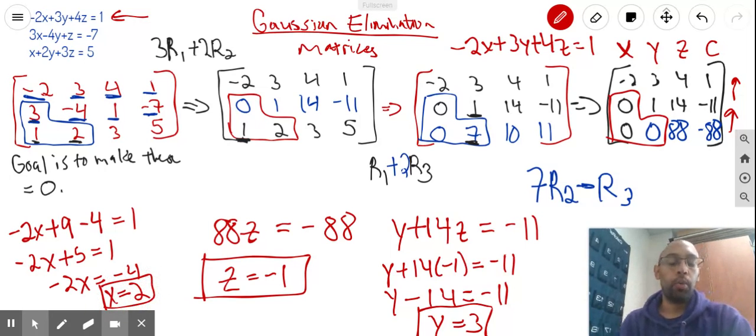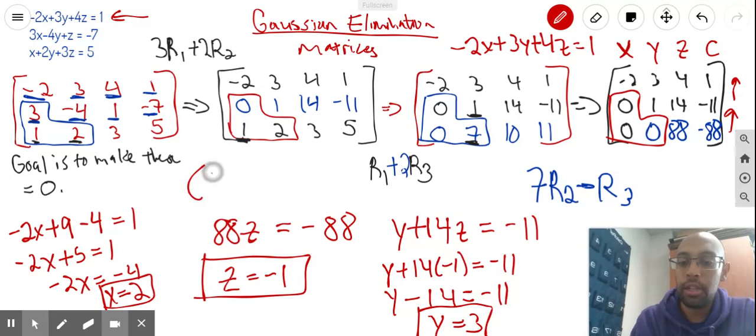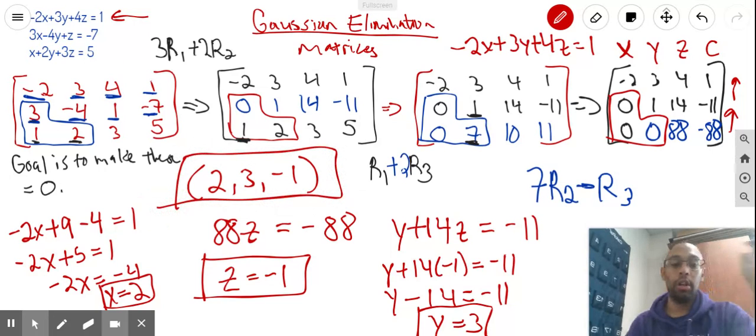So remember, you write your solution to these systems as an ordered triple. So your solution to this system is 2, 3, negative 1. And going back to the traditional elimination video, that is the answer we got when we did traditional elimination. All right, so that was the first example.